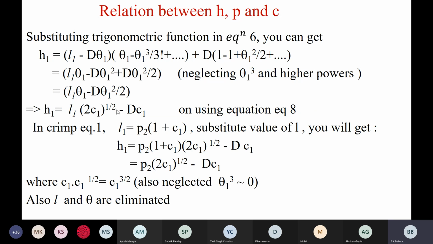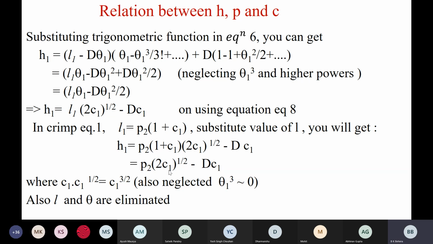H1 is equal to L1 into 2C1 minus DC1. And your crimp equation 1, L1 into P2 plus C1, substitute the value of L, you will get this value.